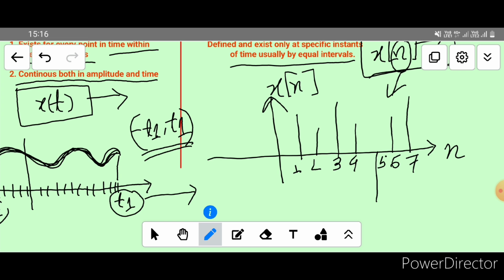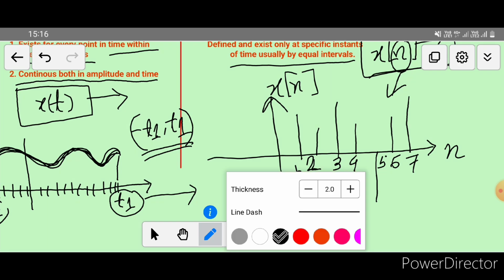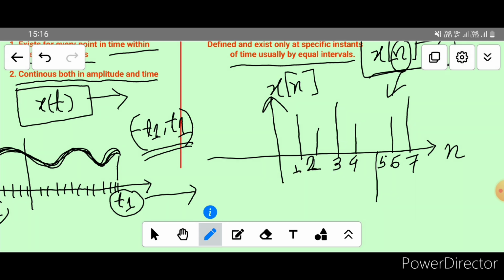And it can be seen that between n equal to 2 and n equal to 3, there is no value of x[n]. So from here it can be seen that x[n] is not continuous between n equal to 2 and n equal to 3. So this is our discrete time signal.